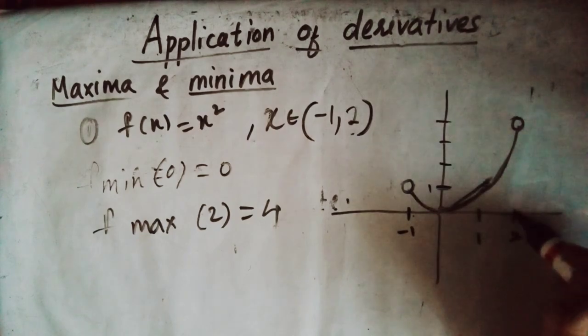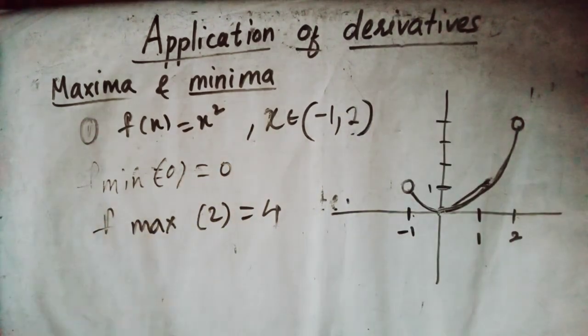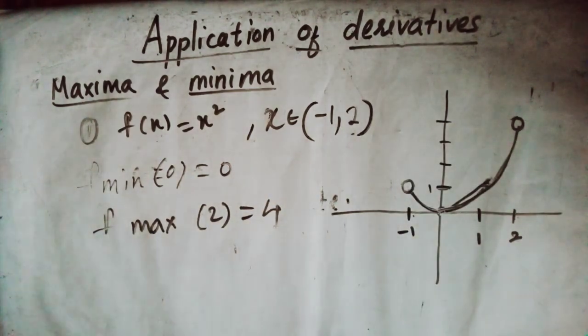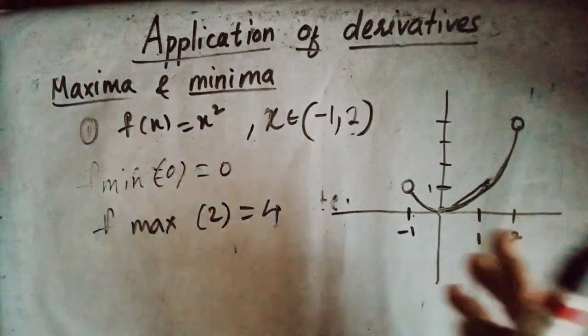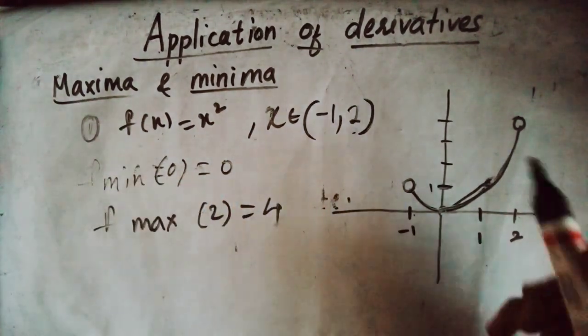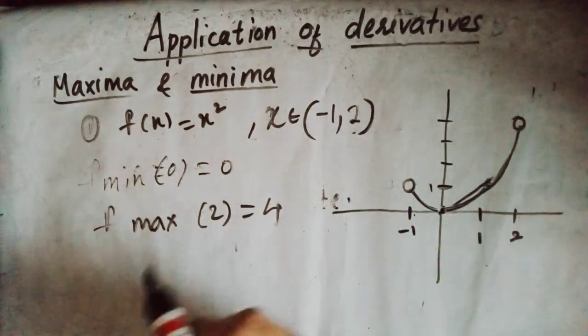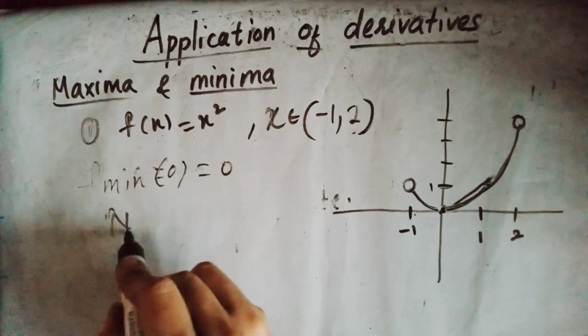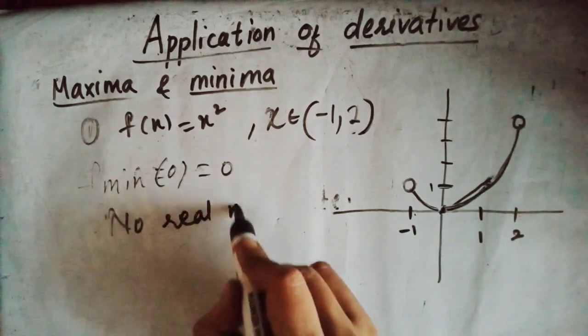Because this will be some point around 2, like 1.999 and all that, so that number we can't define. So f minimum is there, that is 0, but f maximum we can't define, so there is no real maximum.